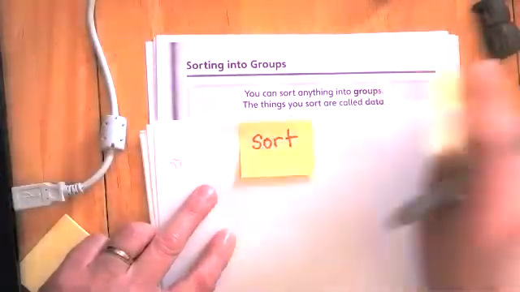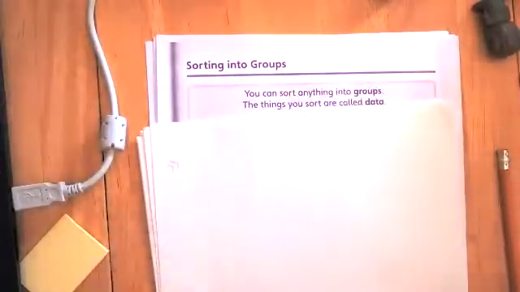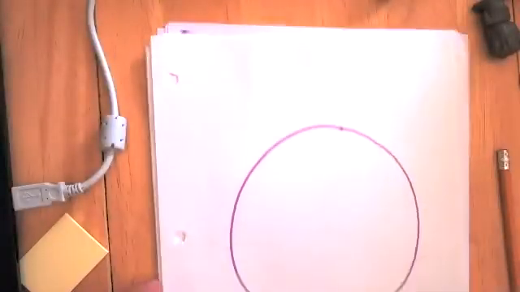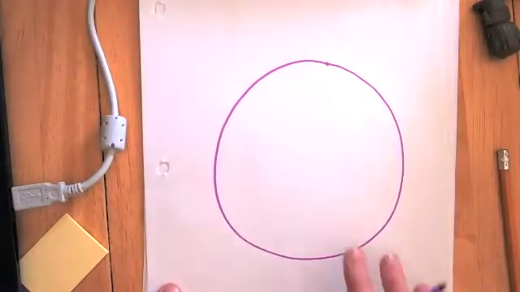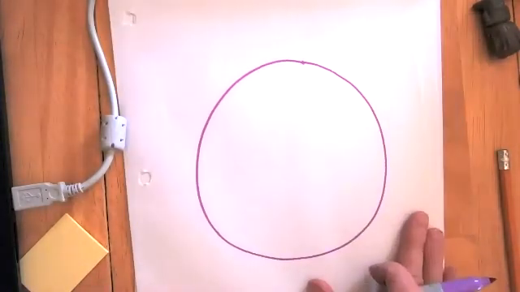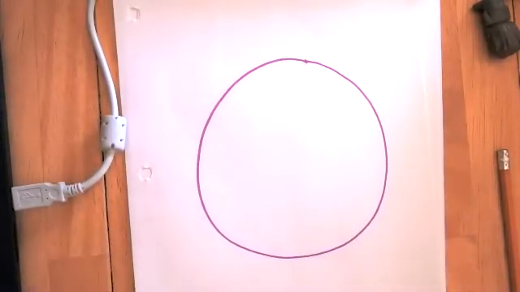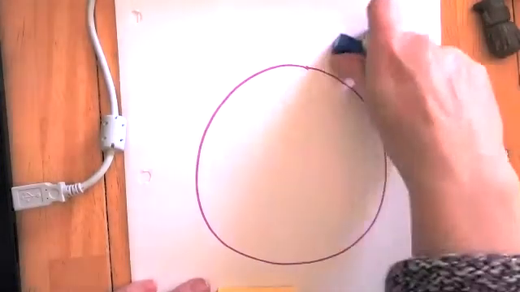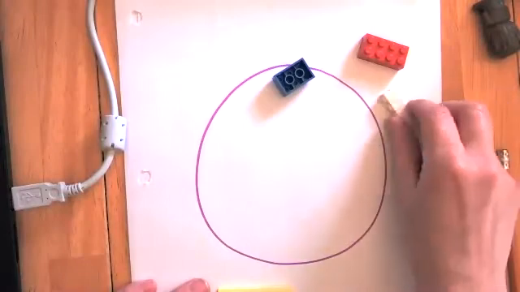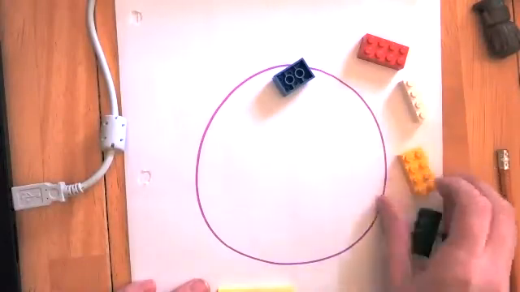So I'm going to do a little example here of some things that you could group, and maybe at home you might want to do this. This is a sorting circle, and we're going to put all the things that go under that category in that circle. What I have here is some different things. I have Lego, so I'm going to do some sorting with Lego.